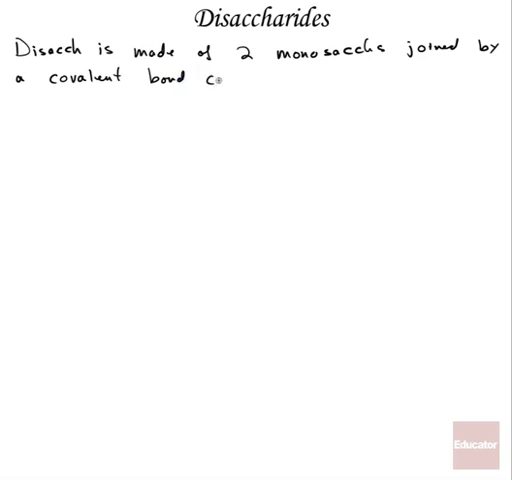A disac is made of two monosacs joined by a covalent bond called an O-glycosidic bond. Very, very important bond in biochemistry.